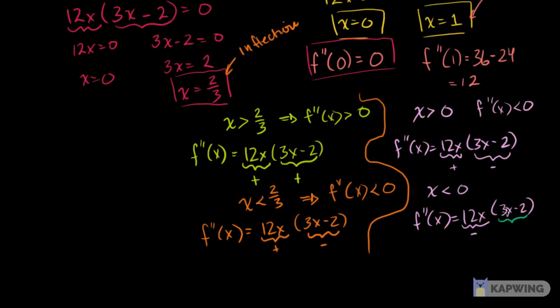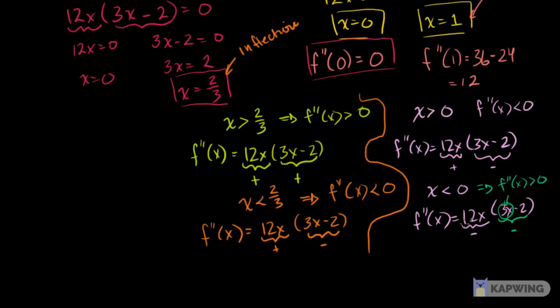Well, 3 times minus 0.1 is minus 0.3, minus 2 is minus 2.3. You're definitely going to have a negative. And then when you subtract from a negative, it's definitely going to be negative. But if you multiply a negative times a negative, you're going to get a positive. So actually, right below x is less than 0, the second derivative is positive.